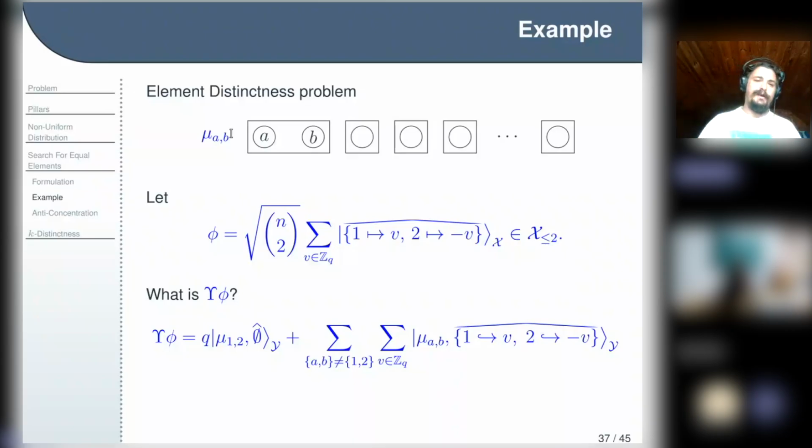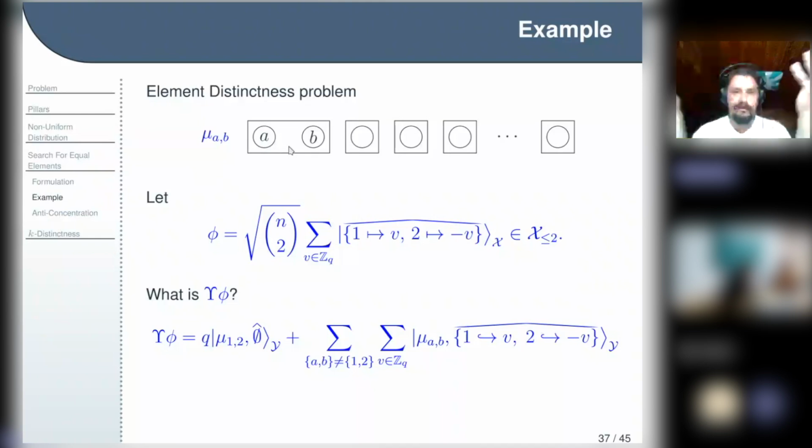This means that each mu AB has the same probability, essentially 1 divided by n over 2, and that's why I have the square root of n over 2 here. Thank you for asking, that's a very good question. This is not uniform in general, but within the confines of each type, it is uniform. In general, it's very far from being uniform.